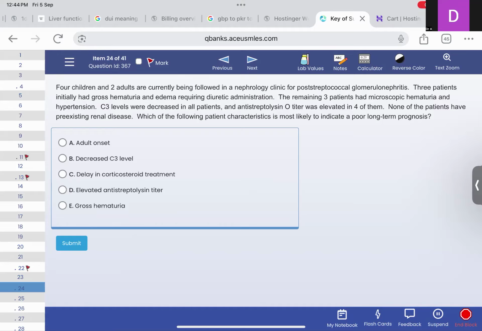So the age is somehow important in these conditions. And in our stem, in post-streptococcal glomerulonephritis also, the comparison between adults and youngers affects the prognosis. So in children the prognosis is good, but in adults it's poor.